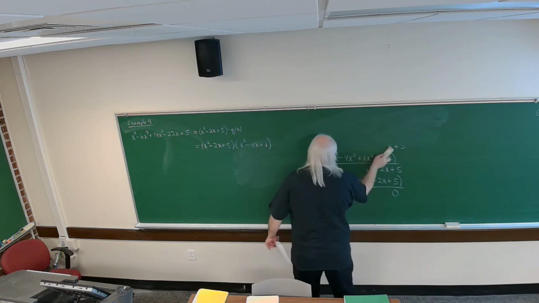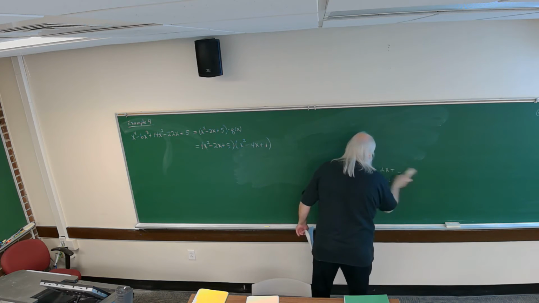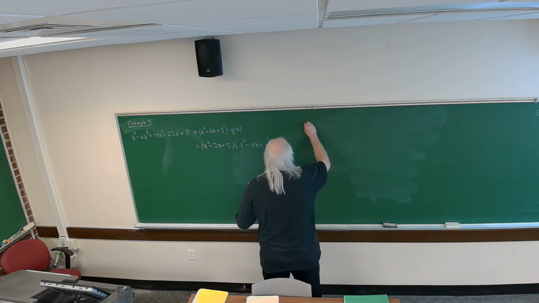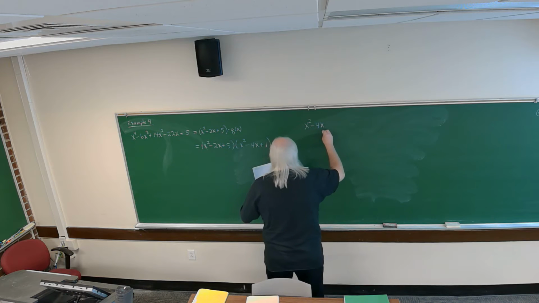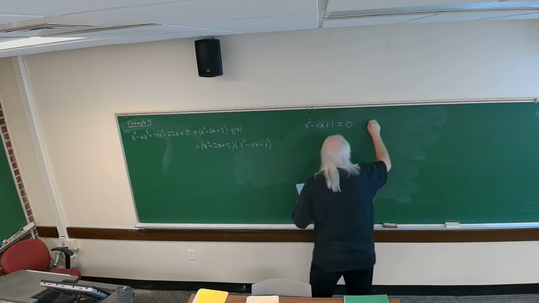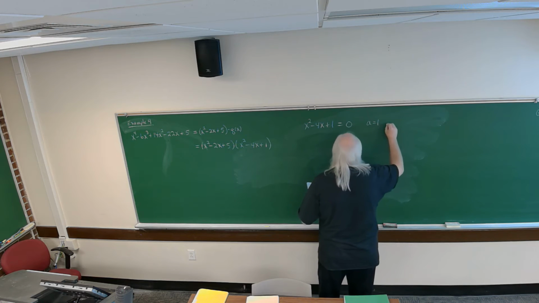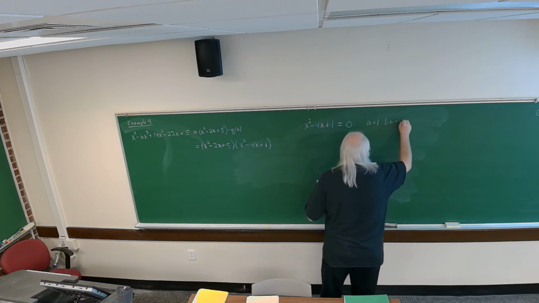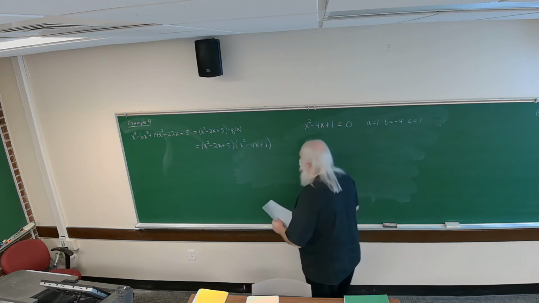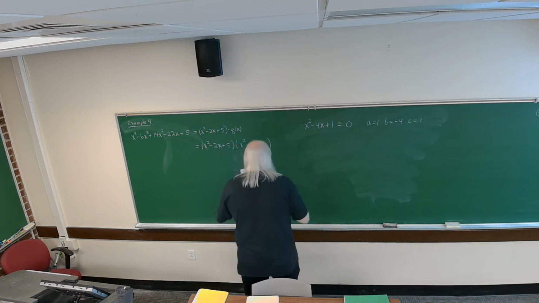So you know the procedure. A in this case is equal to 1, B is equal to -4, C is equal to 1. And now we apply the quadratic formula.